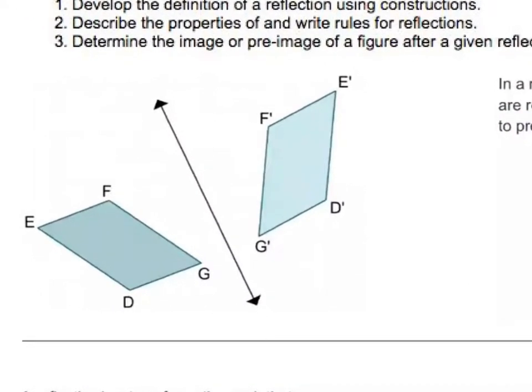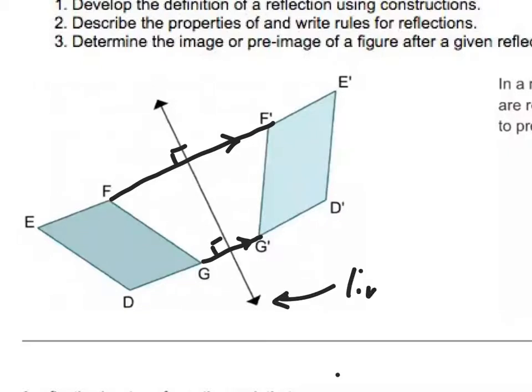You see quadrilateral EFGD, and when that's reflected over to create E prime, F prime, G prime, D prime, I want you to notice how G and G prime connect, and F and F prime. These lines are parallel to each other, and they're perpendicular to the line of reflection.